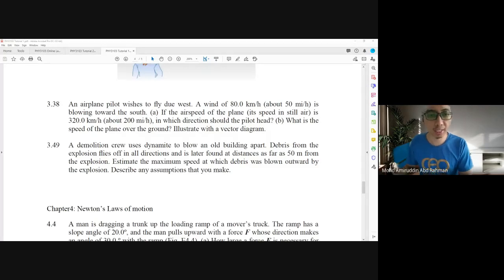The direction will be theta equals 14 degrees, which is north of west. So 14 degrees north of west.